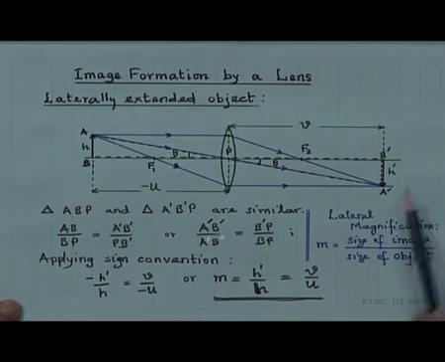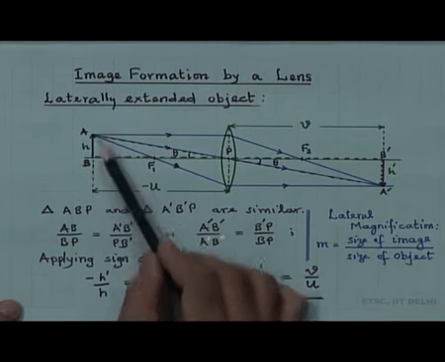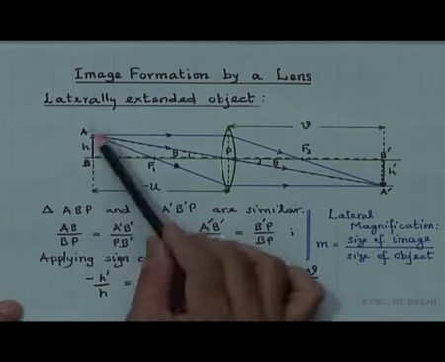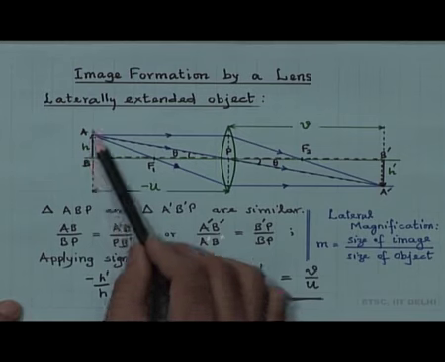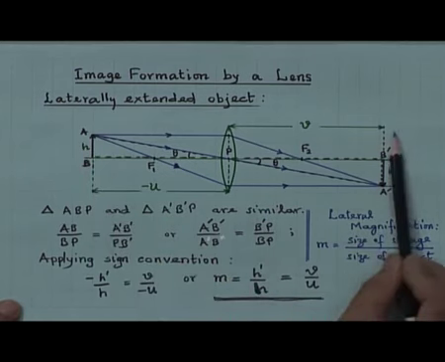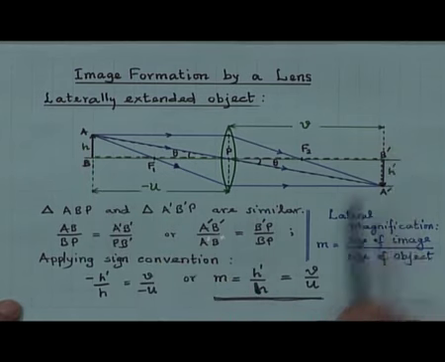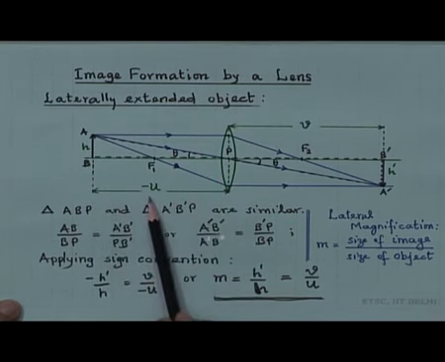Substituting, this is H dash. As per sign convention this is negative and this is positive, any distance above the axis is positive, and therefore we substitute for A dash B dash minus H dash and for AB, H. Image distance V is positive, and object distance, that is BP, is negative, minus u.